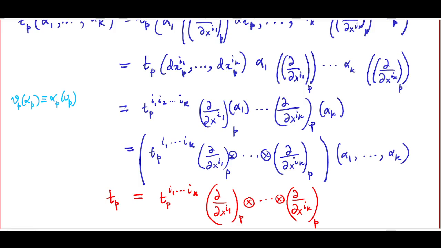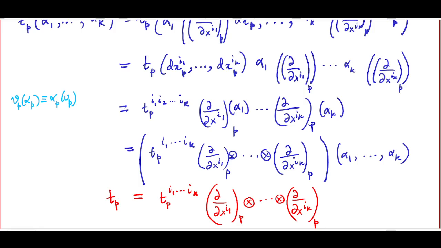Let me just remind you that this is again very similar to what we saw with (0,k) tensors. There, a tensor Tp was again given by Tp_{i1 through ik}, but there we wrote the indices as subscripts, and here we are writing them as superscripts, primarily so that we can distinguish between these two kinds of objects. But there, the components were nothing but Tp acting on del xi1 at p, del xi2 at p up to del xik at p.